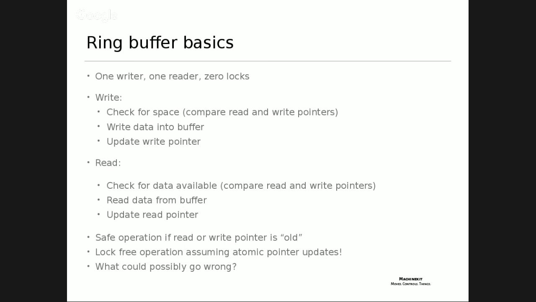If the write process has actually put some data in there, and you see an old version of the write pointer that shows it a little farther back, you see less data in the buffer than is actually there. You don't read, and you just wait until the next cycle. So that's one of the ways these mechanisms work without having to have a token or pass a token or a synchronization lock from one process to the other. They're safe with old pointers.